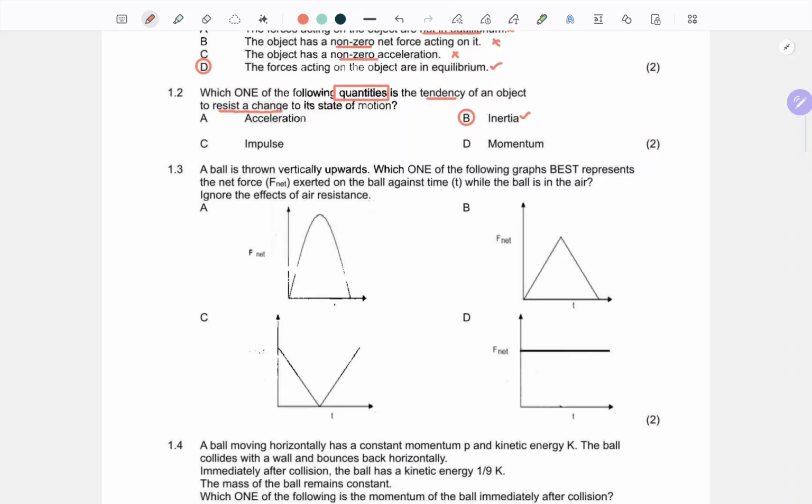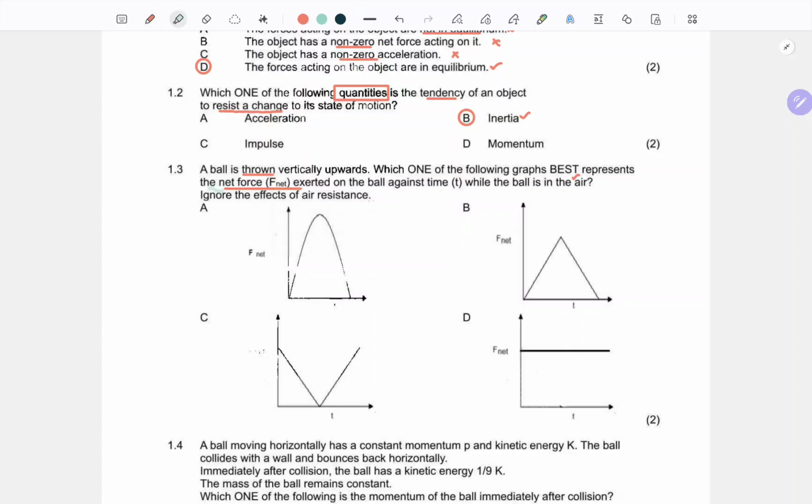1.3 reads, a ball is thrown vertically upwards. If we are throwing it, it means we are giving it initial velocity. So there's a chance this is a projectile. But let's read on. Which one of the following graphs best represents the resultant force exerted on the ball against time while the ball is in the air?